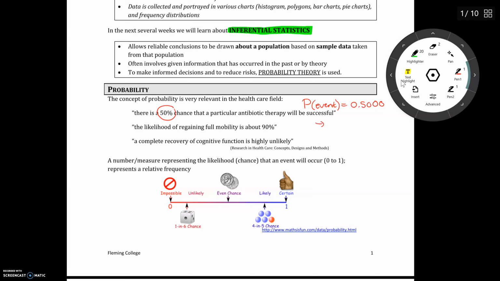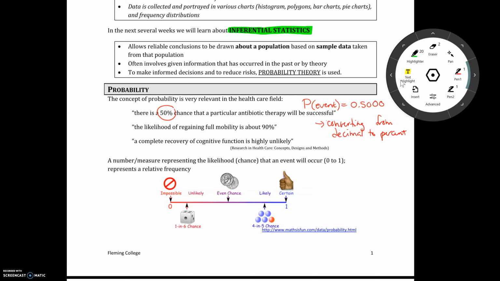Just like we talked about in Math 117, converting from decimal to percent by dividing by 100 and removing the percent sign. That's what our probabilities are. We can think about them as a percent chance of something happening.